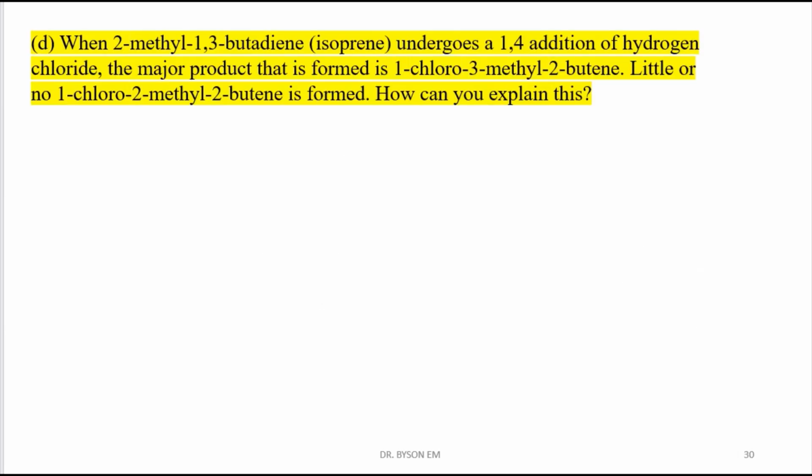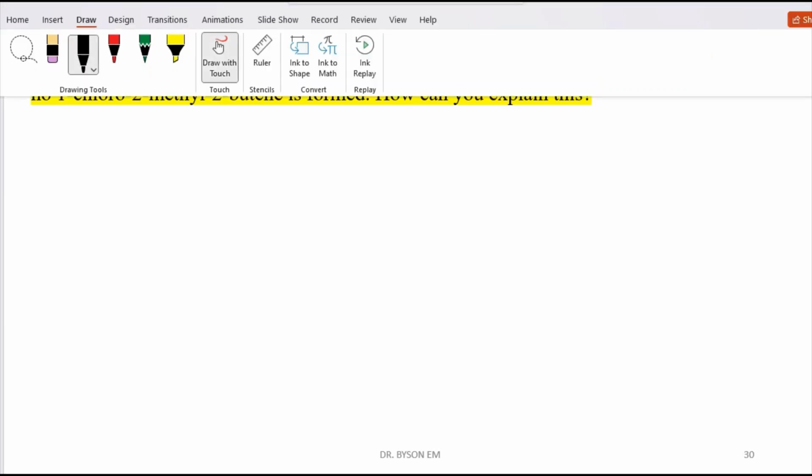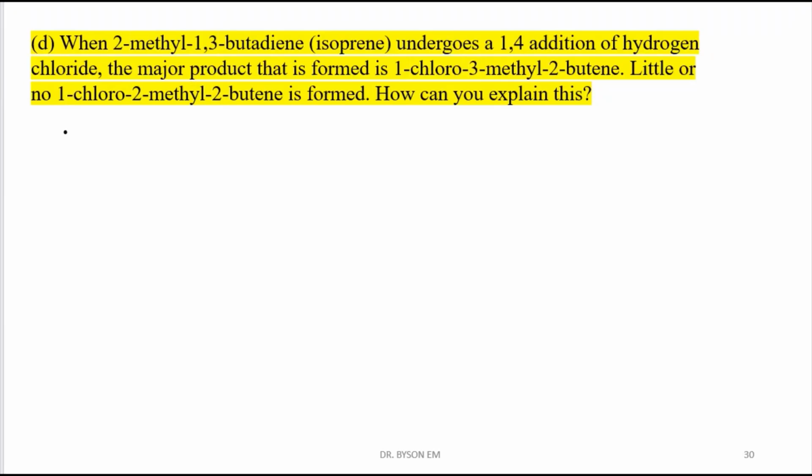Okay, so this says when 2-methyl 1,3 butadiene, let's write this down. 1, 2, 3, 4. So 2-methyl, this is a methyl on carbon number 2, 1,3 butadiene, undergoes a 1,4 addition of hydrogen chloride.